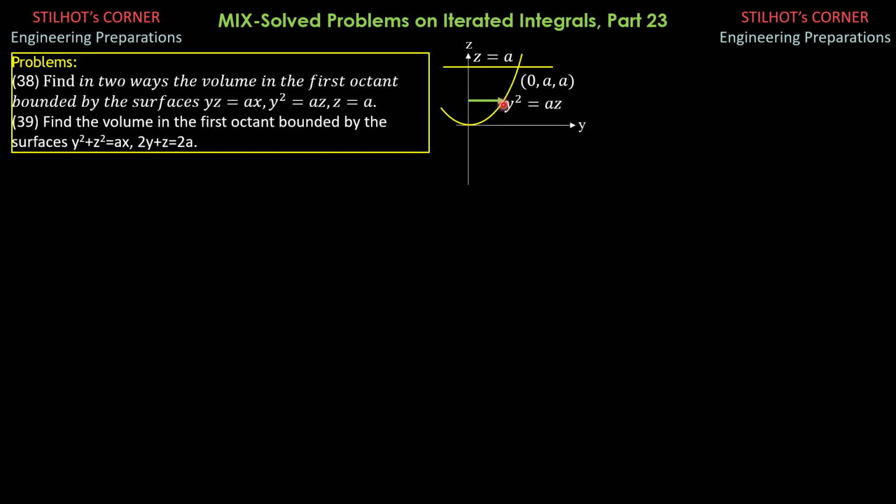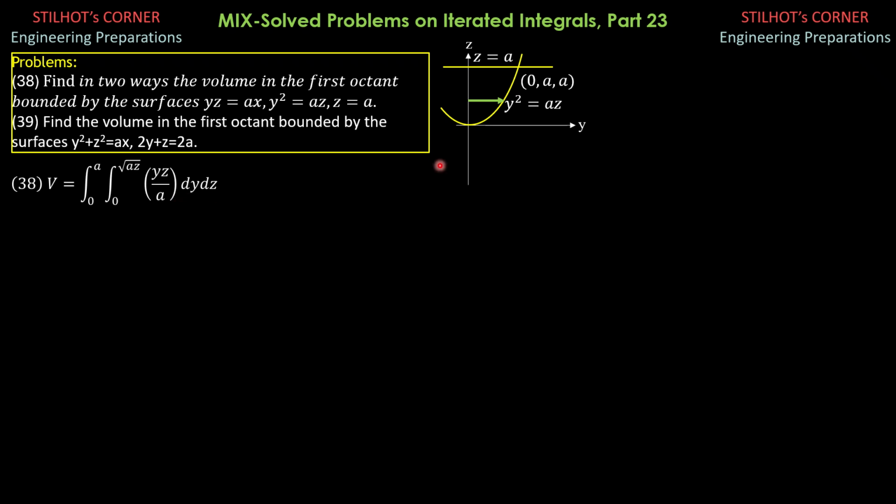So y is the positive square root of az, because we are only considering the volume in the first octant. So volume equals integral from 0 to a, integral from 0 to square root of az, yz over a, that's the height, times dy dz.